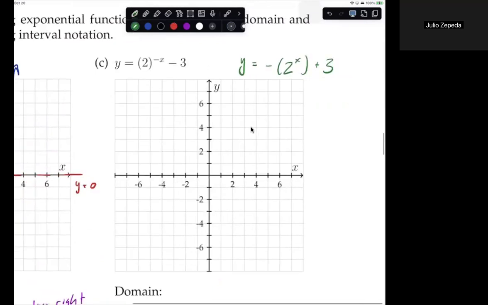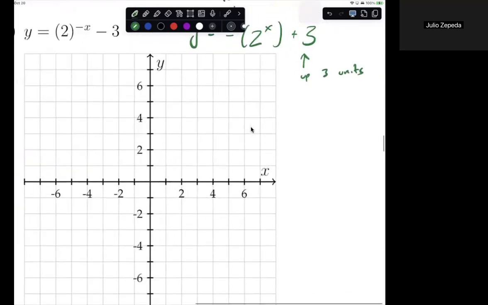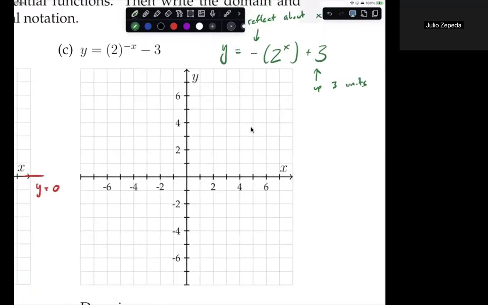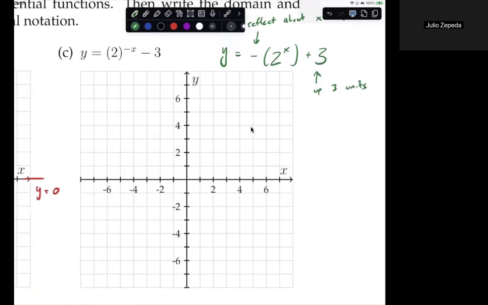Okay, so what this is going to do is reflect about the x-axis and then up 3 units. Okay, so if I know what my 2 to the x looks like, I'll just graph it here in, let's do blue.